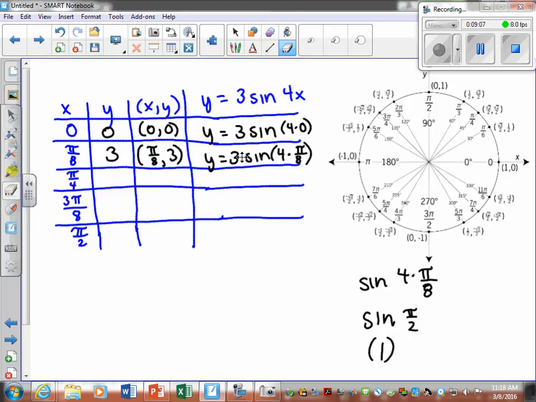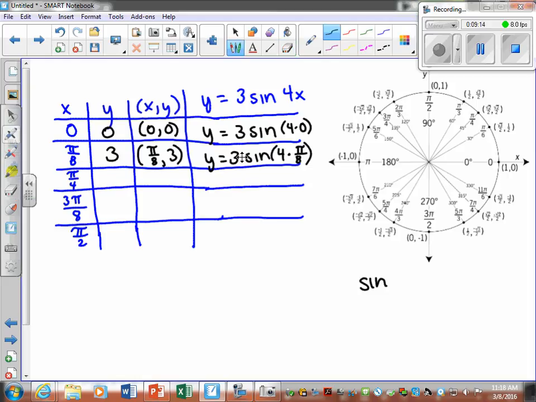So this one has a little bit more scratch work, so be real careful and use order of operations. Our next evaluation is going to be y equals 3 times the sine of 4 times our x value, this time pi fourths. That's a pretty easy evaluation. The 4's will cancel, so we're just going to do sine of pi.